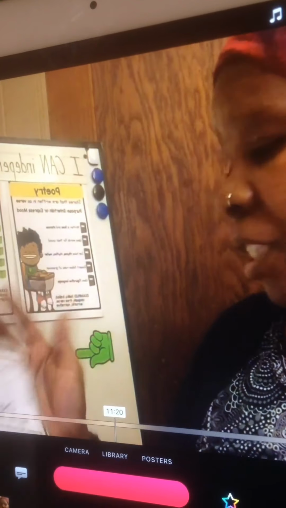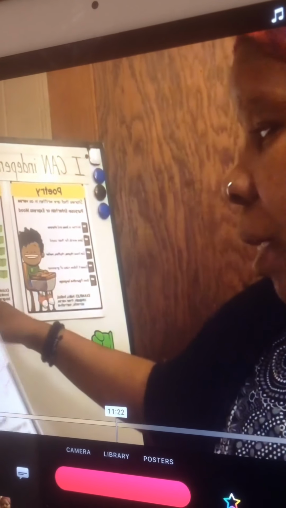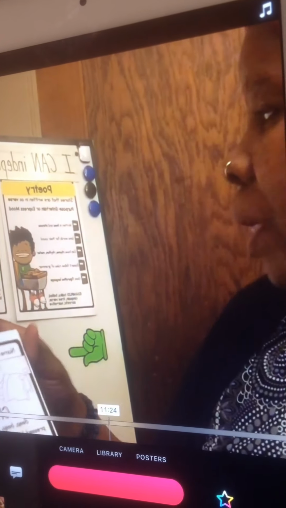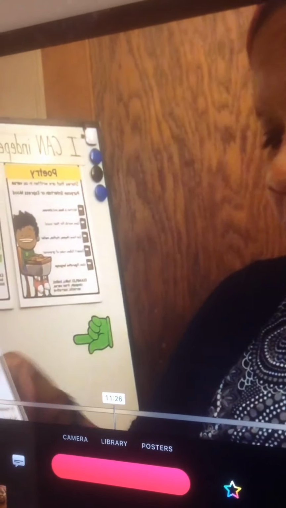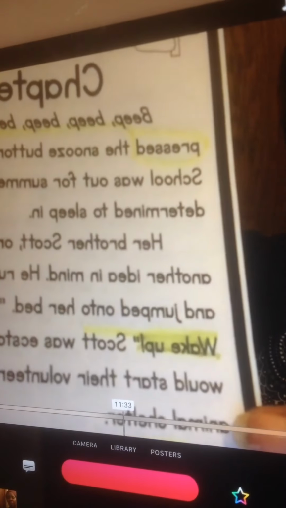Complete sentences, series of events is like a story. Again, this is just a passage. The dialogue is in quotation marks. So here, let me try to get up close for that. The person said, "Wake up." That's in quotation marks. You'll also see somebody saying, "Just 5 more minutes."